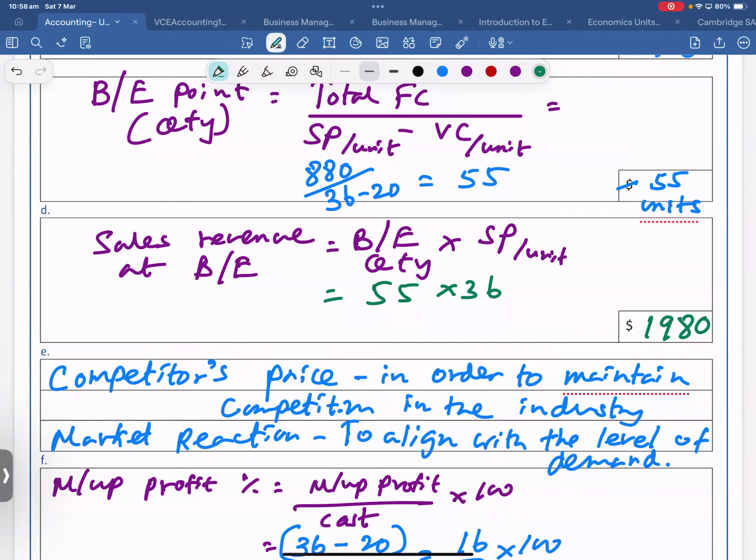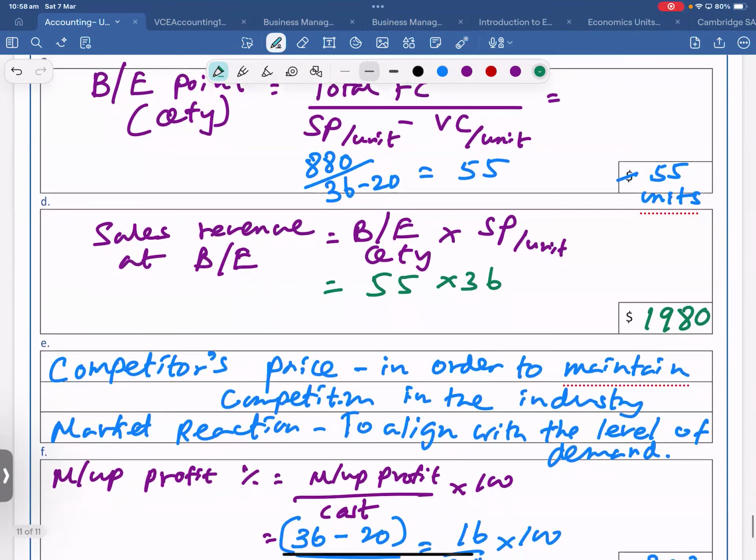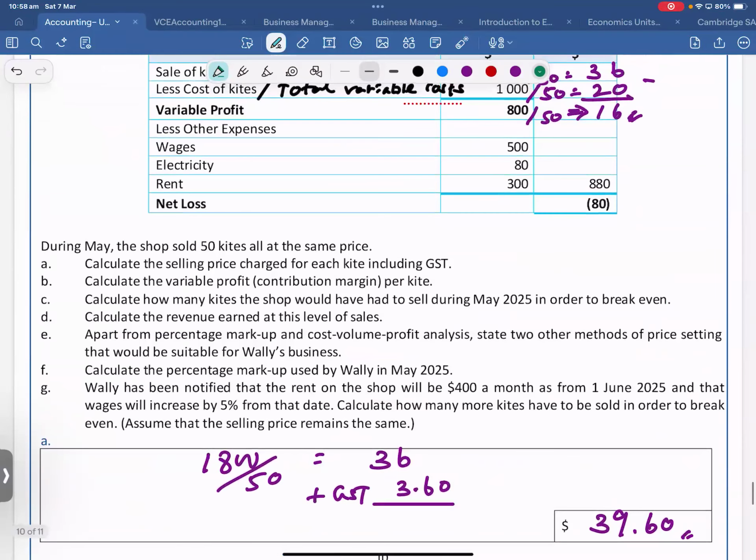So the selling price is $36, and his cost price is $20. And he needs to find the quantity. You don't necessarily need the profit because you have to calculate the quantity.